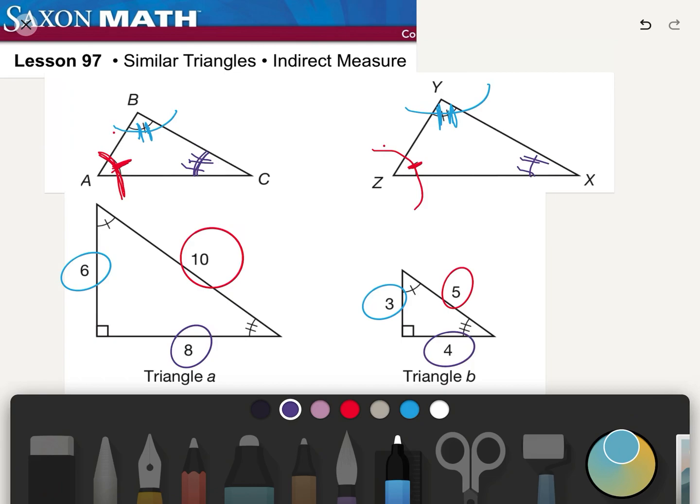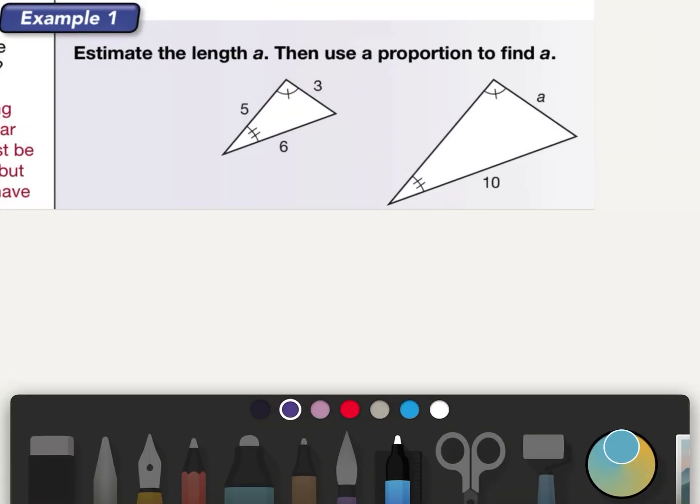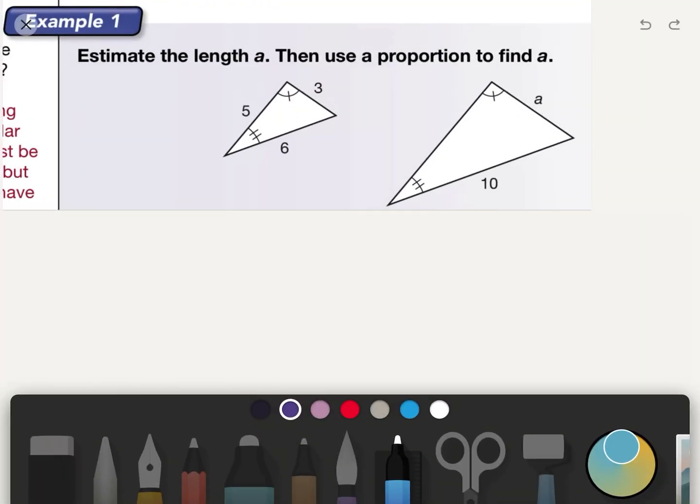It all totally works, which is good because our lesson today is about figuring out what the length of a side is based on similar triangles. So we can say these two are in proportion.